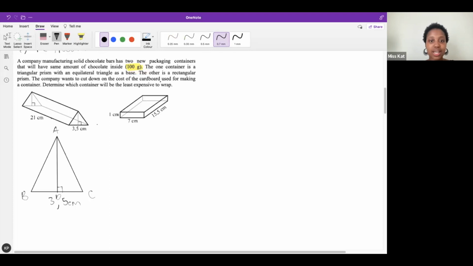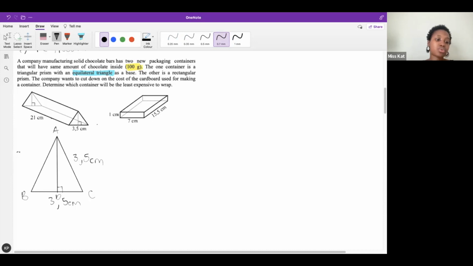The one container is a triangular prism with an equilateral triangle as a base. What does equilateral triangle mean? All sides are equal. So if BC is 3.5 centimeters, then AC is also 3.5 centimeters.